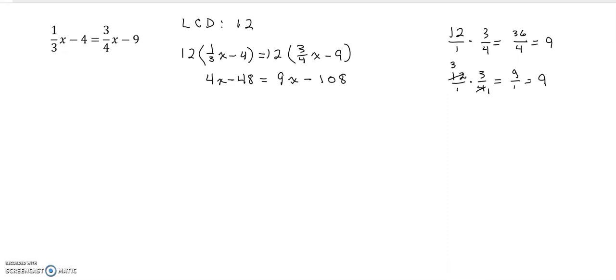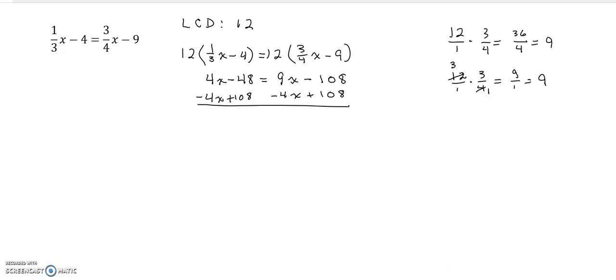So now I combine like terms, or I use the addition and subtraction property of equality to get the x only on one side. I will subtract 4x from both sides. And then since I brought the x to the right side, I will add 108 to both sides.